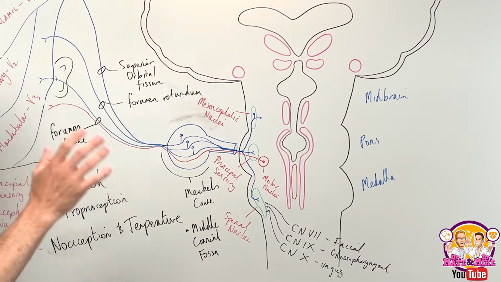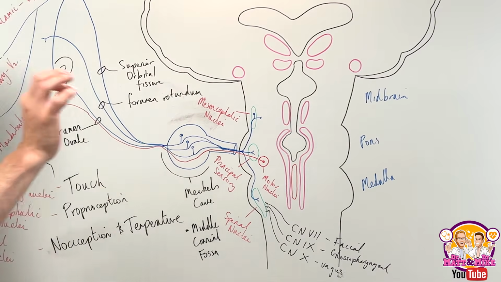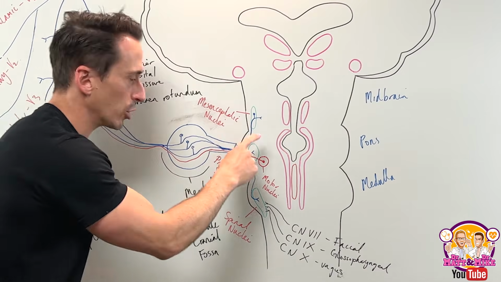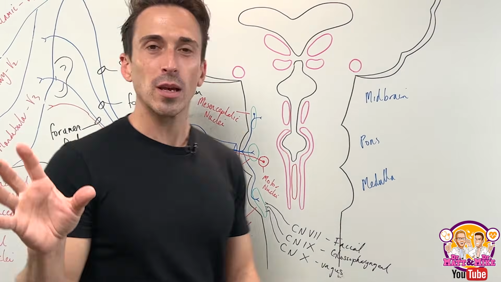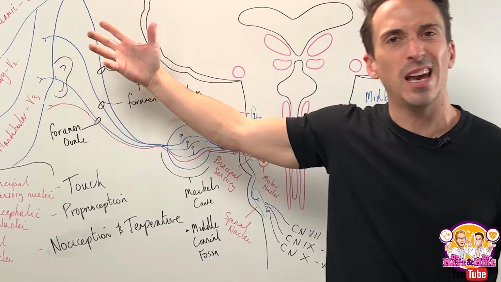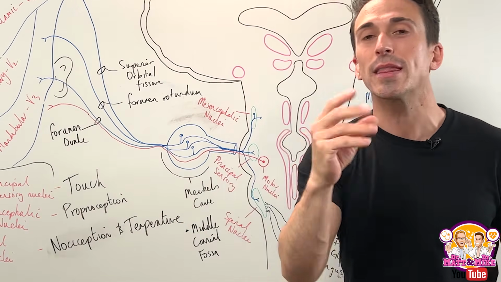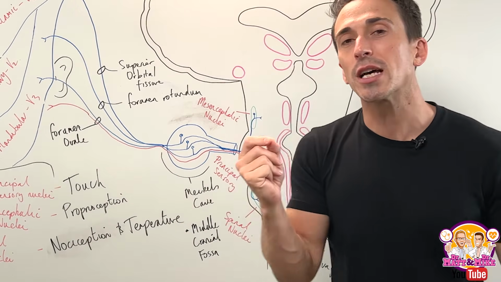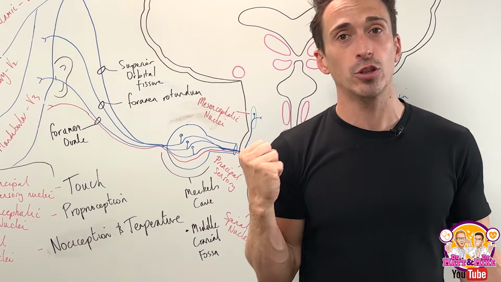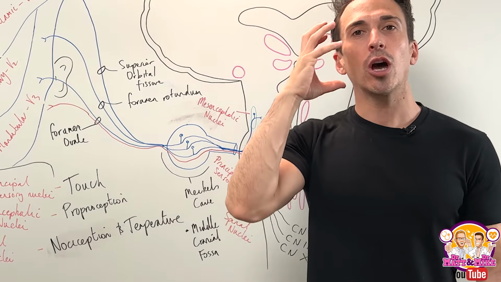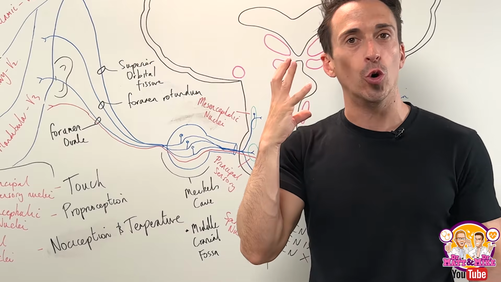All right, now what does the mesencephalic nuclei do? It's carrying proprioception. What does proprioception have to do with that of the face, head, neck, associated areas? Well, think about this, chewing. What stops us from biting down so hard that we break a tooth? Proprioception. We know how contracted and relaxed the jaw is.